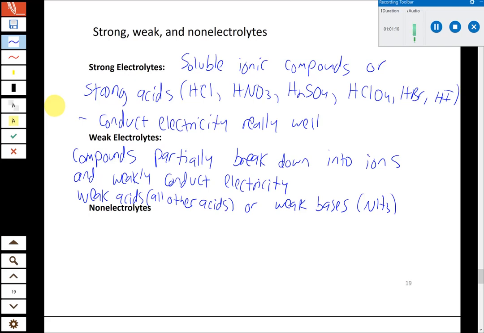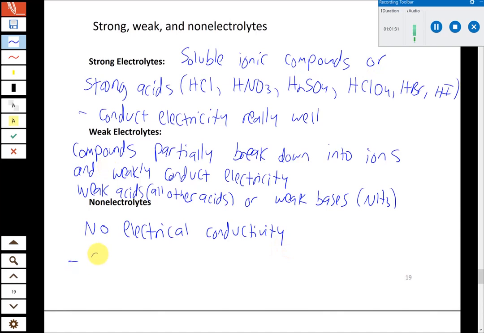And then non-electrolytes are ones that have no electrical conductivity, and so we saw that pure water by itself was a non-electrolyte. And then certain compounds dissolved in water, sugar, ethanol, and so on, those are basically covalent compounds that are not acids or bases.